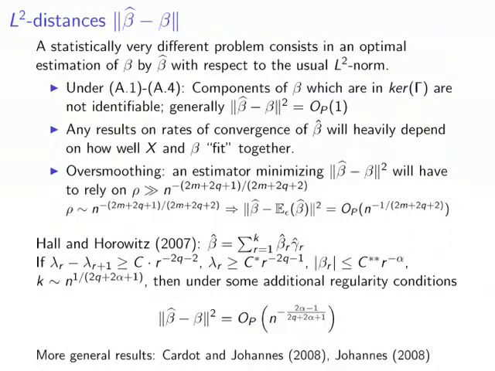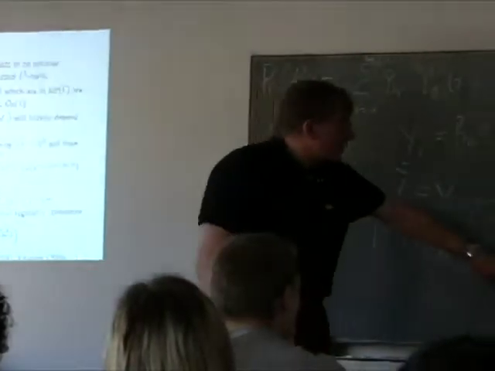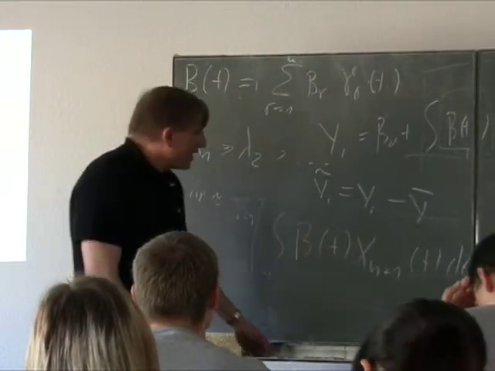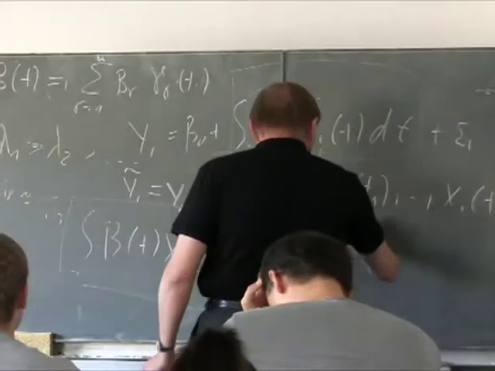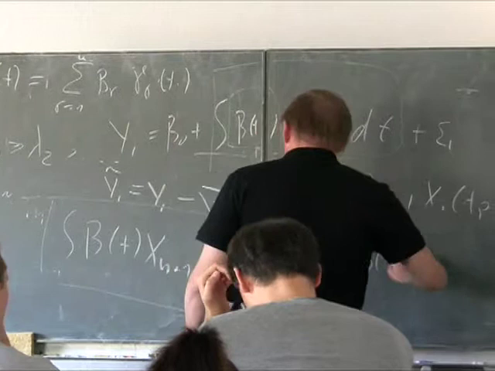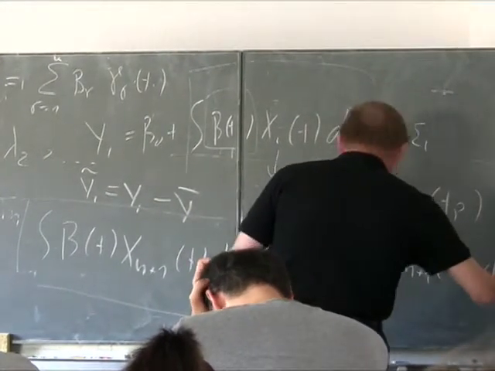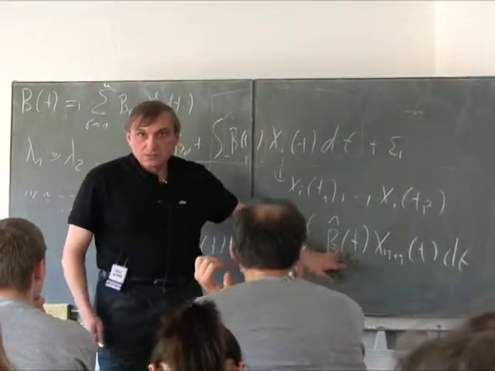So one remark in this context: I told you we concentrate on the prediction error. That means how well can we predict this thing by using our estimate, so the integral of beta hat of t times x_{n+1} of t dt. How well is this approximated by that?